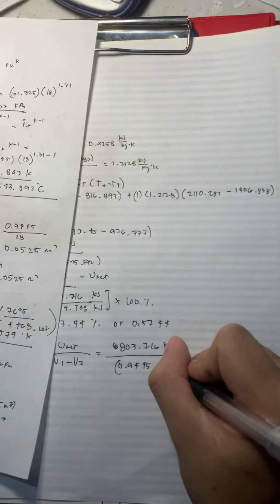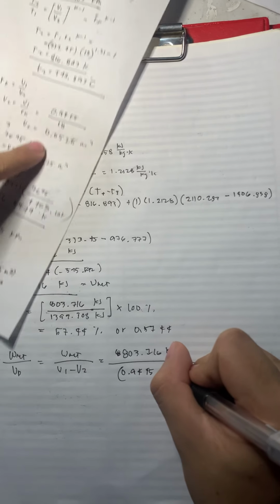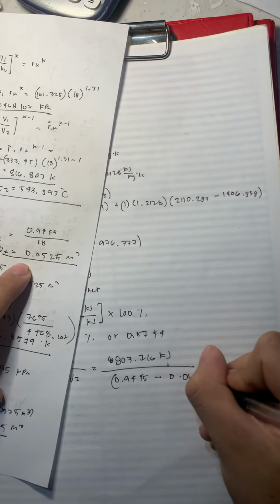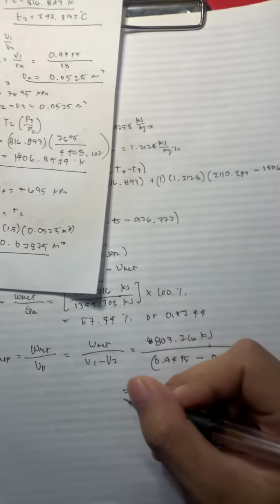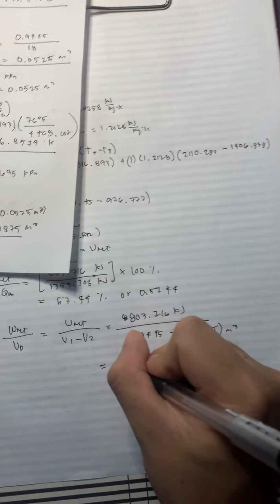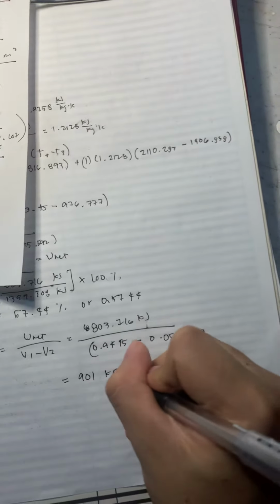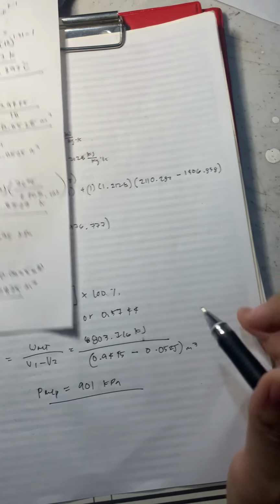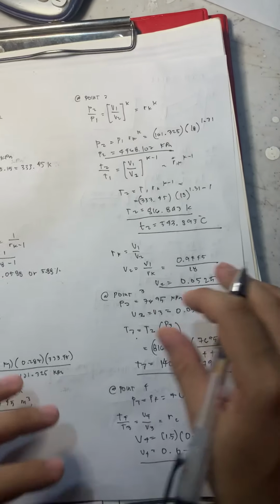Where is the V2? Here, 0.0525. Solving for this, you will get 901 kPa. There. Thank you.